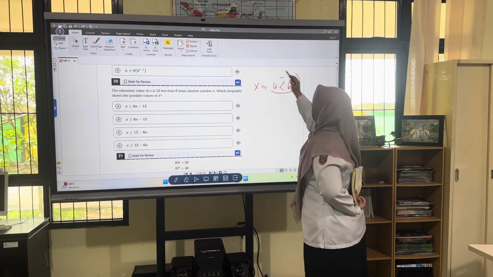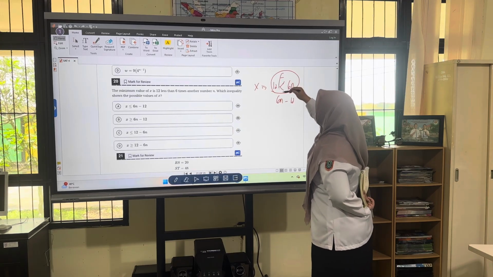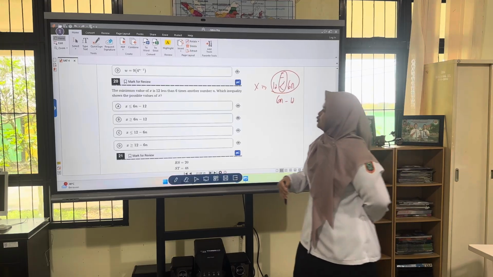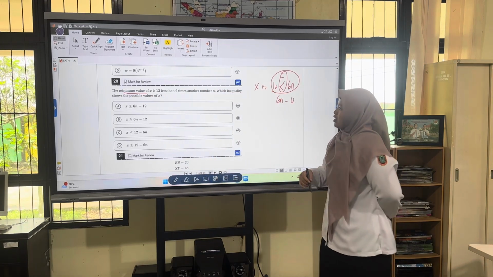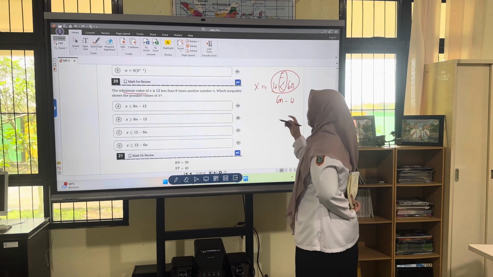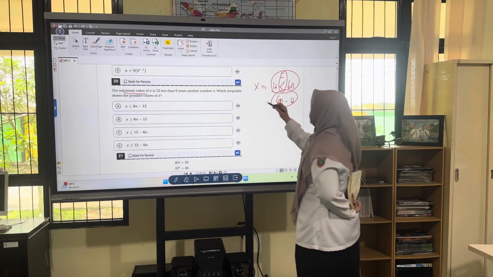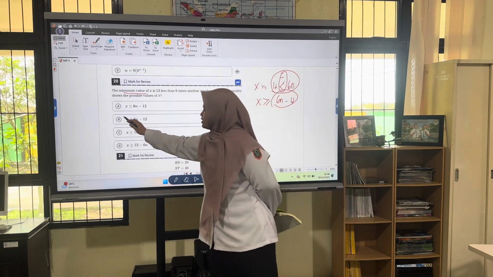So this one you can take to be 6n minus 12. This is just how to try to solve the problem first. And then you need to read it again. What is the minimum value? The minimum value, that's the meaning of x. This one must be less than x. So x is more than 6n minus 12. So the answer will be B.